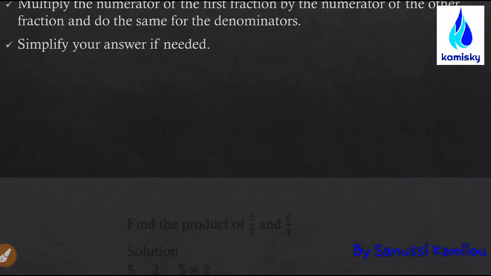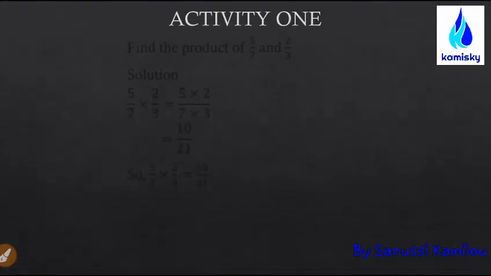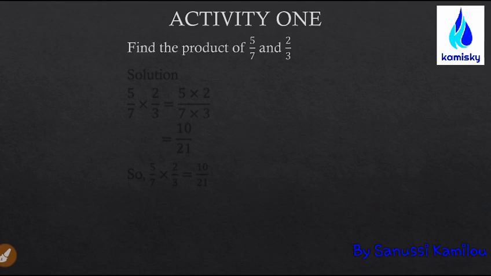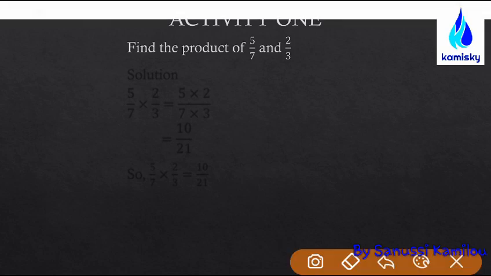So let's quickly look at the first activity of the day to see whether we can apply the knowledge we achieved today. The question is, find the product of 5/7 and 2/3. Let's see how we can do this without wasting time. 5/7 multiplied by 2/3.